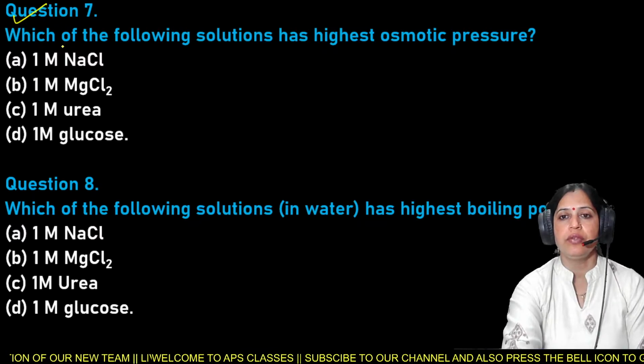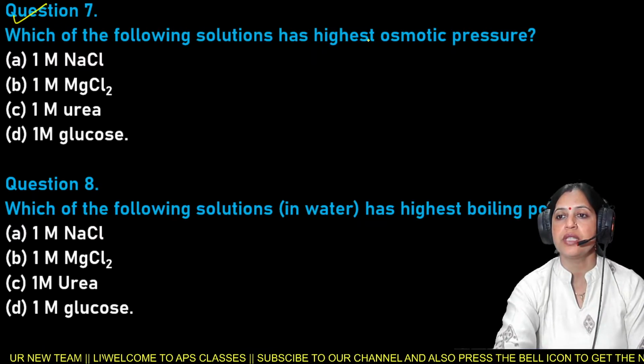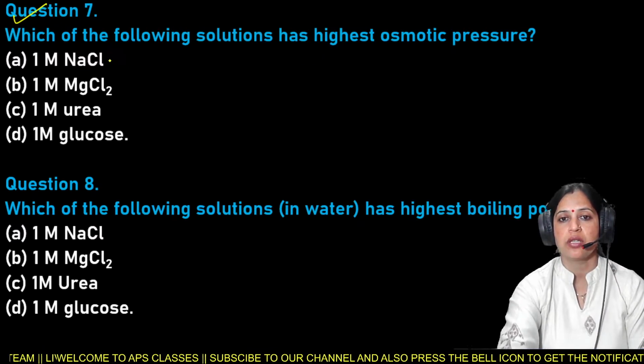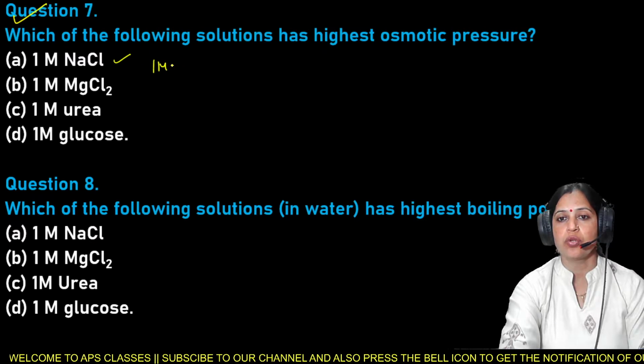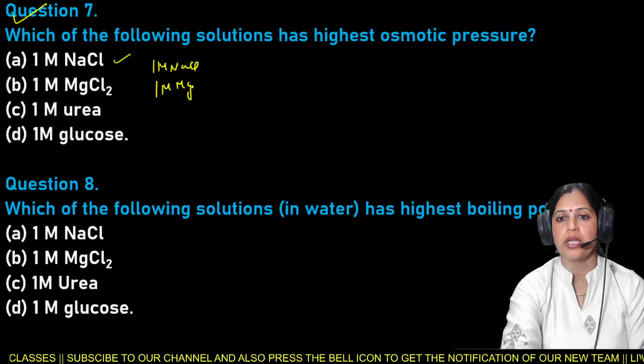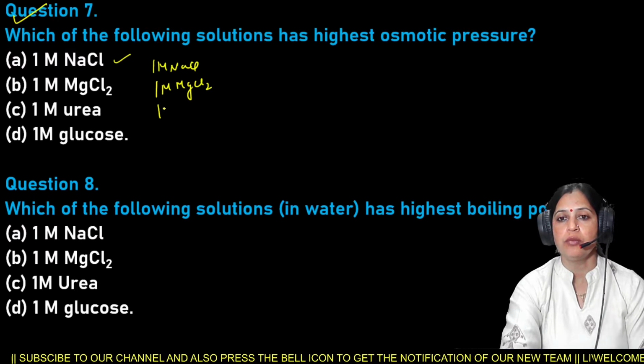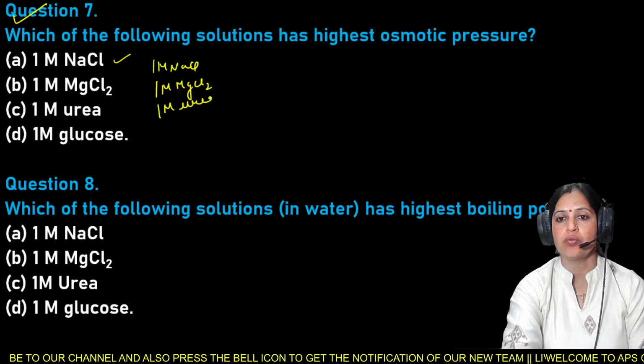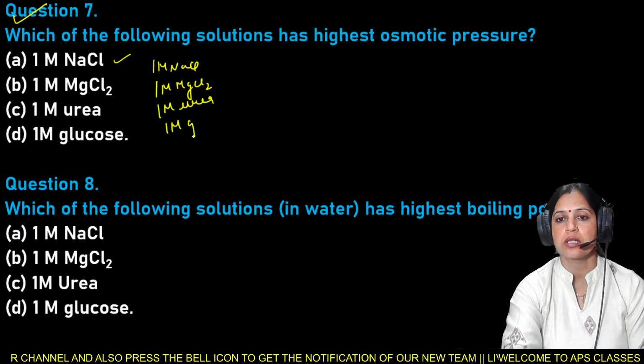Question number 7. Which of the following solutions has the highest osmotic pressure? 1 mole sodium chloride, 1 mole magnesium chloride, 1 mole urea, and 1 mole glucose.